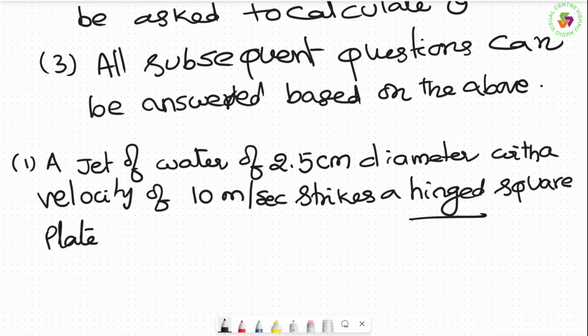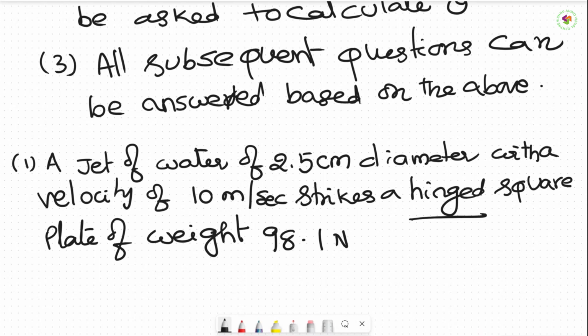The cross section of the plate is a square plate of weight 98.1 newtons at the center of the plate.